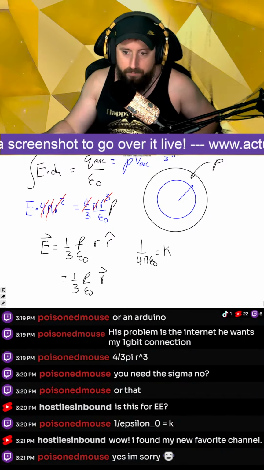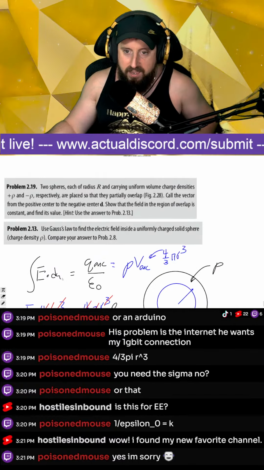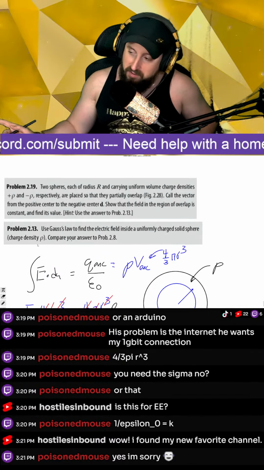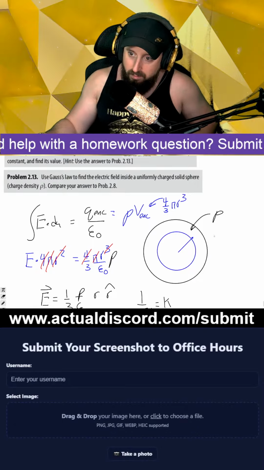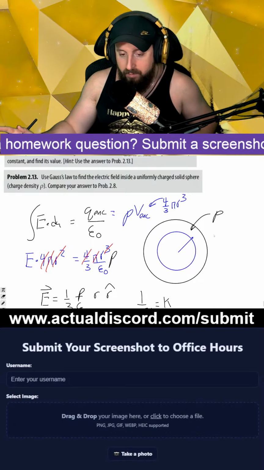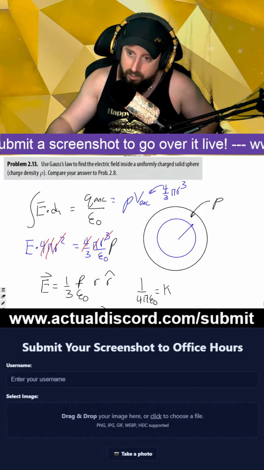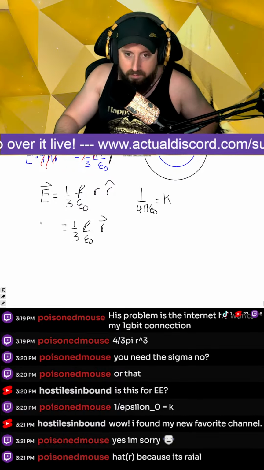Okay, so that's the first part, which is done. So this is the electric field within a uniformly charged sphere of charge density rho. There's interesting things to this, right? Because once you are outside of the sphere, the electric field changes, because now you're no longer enclosing more charge as you go further out. So we should be a little careful with this.